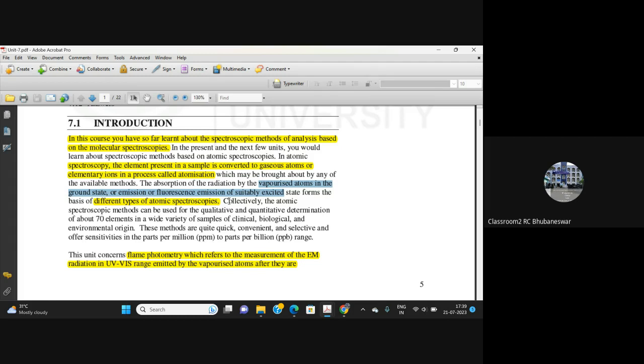However, whoever has not understood molecular spectroscopy can correlate it by understanding atomic spectroscopy. The only difference is that here the atomization process happens, then you excite the atoms and get emission. But since the vibrational and rotational energy levels are not there, you are not going to see broad peaks like in absorption and emission.